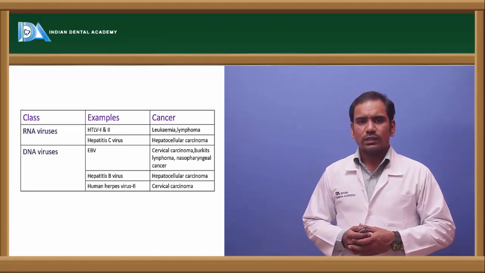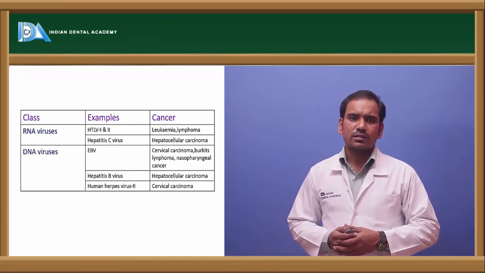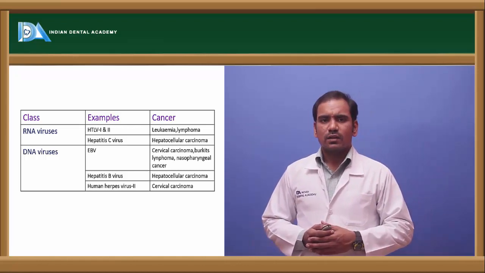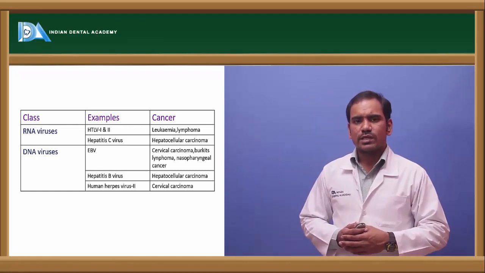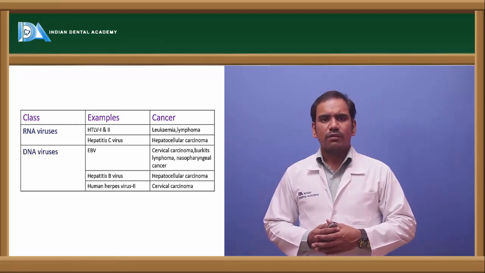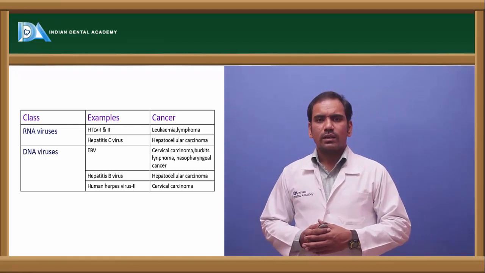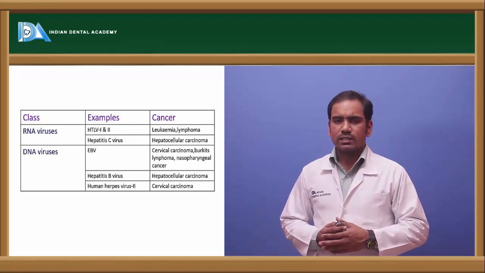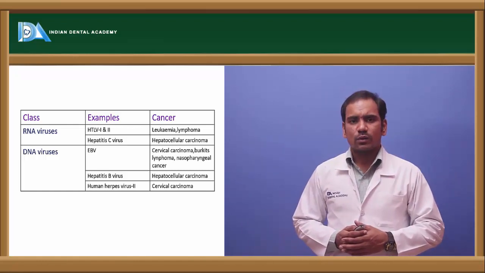Now coming to the different types of viruses. We discussed that viruses are responsible for cancer. There are RNA viruses and some DNA viruses. Among RNA viruses, HTLV-1 and 2 are responsible for leukemias and lymphomas, and hepatitis C virus is responsible for hepatocellular carcinoma.